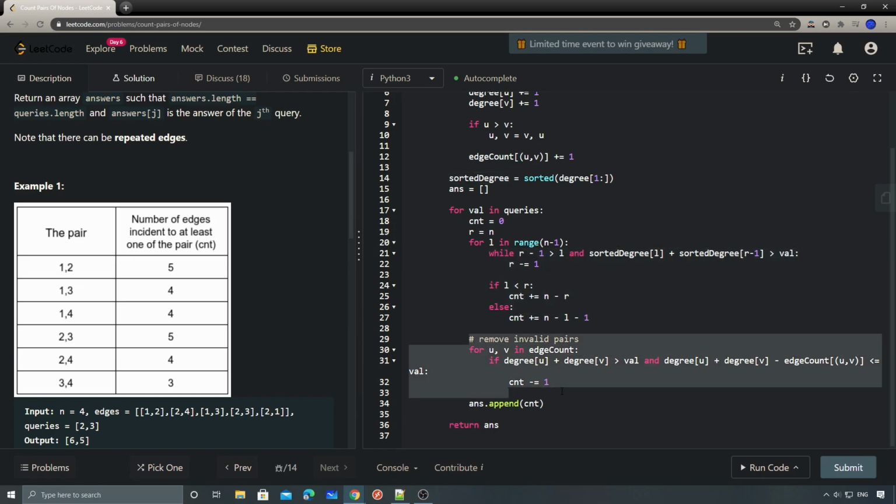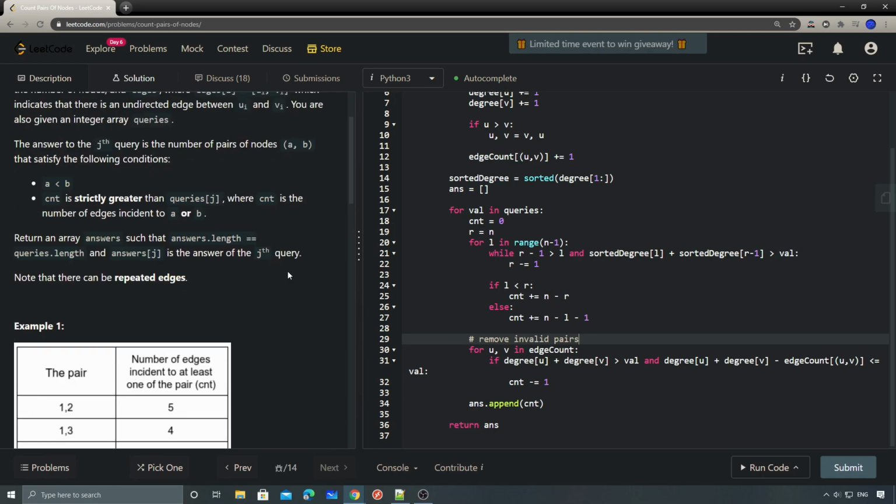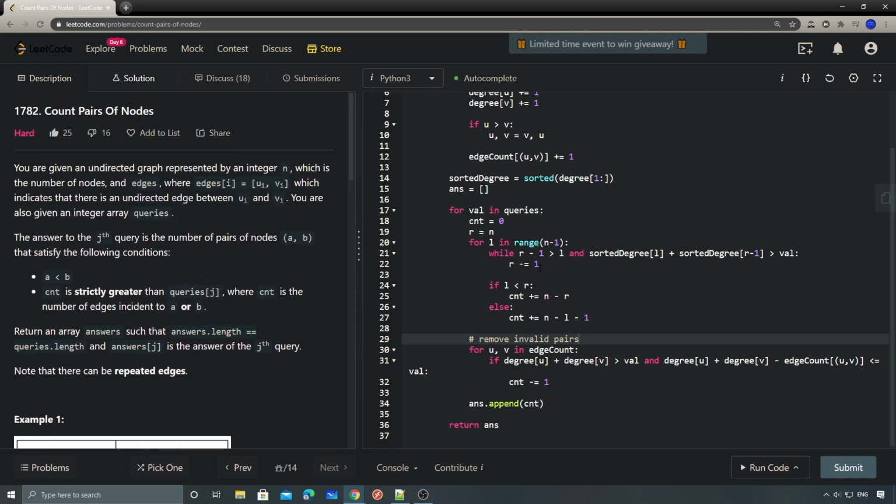And then later on, in the end, we remove the pairs that are invalid. It's a little bit tricky to think about. I agree, this is a pretty difficult problem.